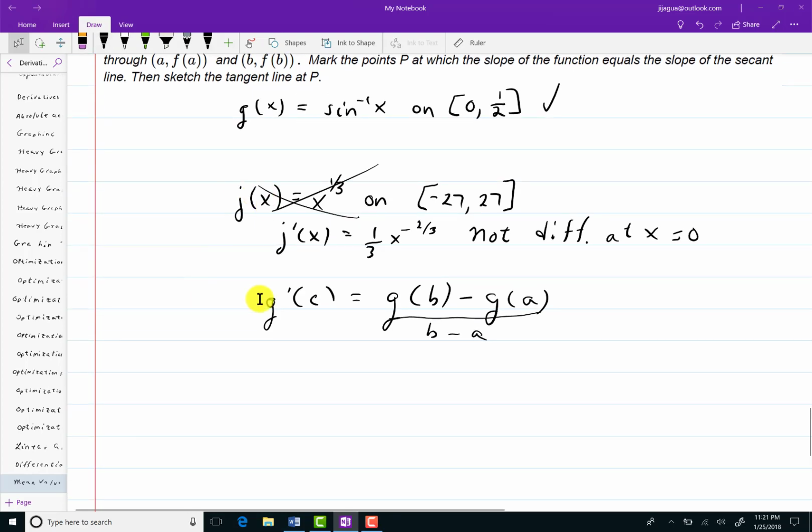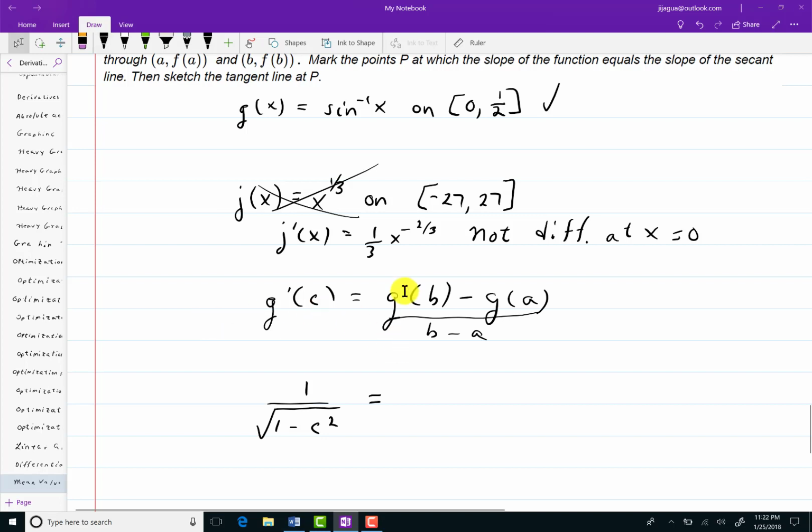c is some number that's between b and a. All right, my b then is 1/2, and the a is 0. Oh, while I'm over here, the derivative of inverse sine is 1 over the square root of 1 minus x squared. So this left side becomes 1 over the square root of 1 minus c squared.